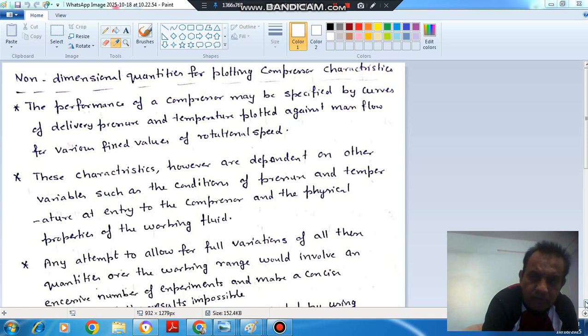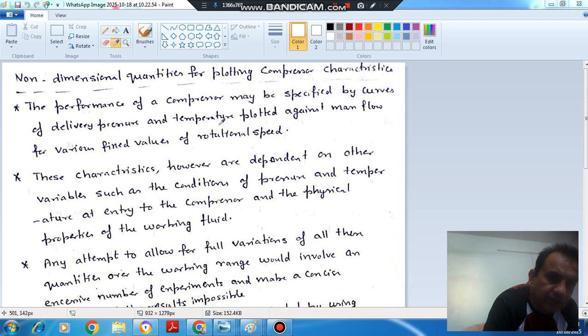So instead of this, we will choose pressure ratio, like delivery pressure by intake pressure. Now we have combined two variables, delivery pressure and intake pressure, into a single variable. If we take delivery temperature by intake temperature, then it is a single variable.